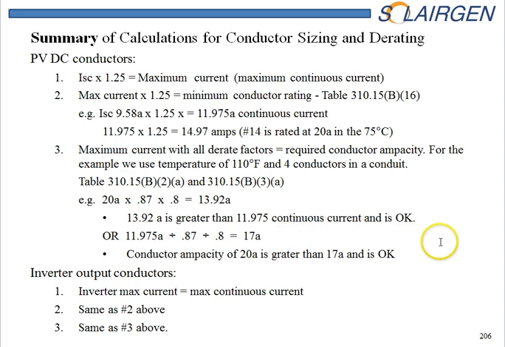Next thing, the overcurrent device. So we use the same number. This is what we found our conductor number 14 with, and we're also going to use this to find our overcurrent device if we have to have one. So we want to look at the incremental availability of overcurrent devices. So let's take a look.